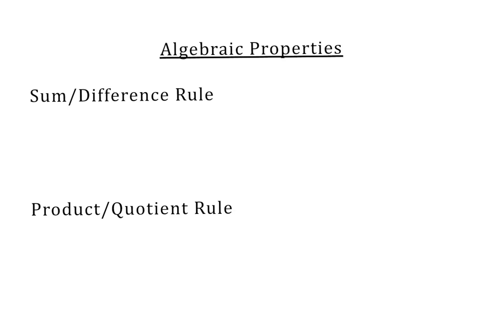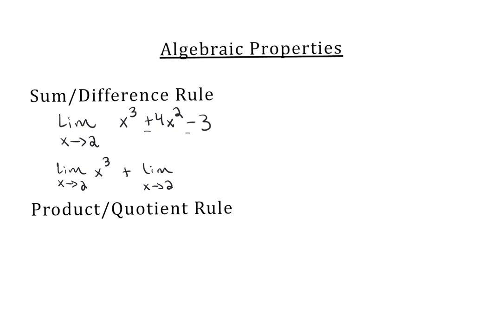In today's lesson, we're going to start looking at some algebraic properties of limits. Starting out, the sum and difference rule is just saying if you have a limit involving addition or subtraction, we can break this up and look at it as the limit as x approaches 2 of the first term plus the limit as x approaches 2 of the second term minus the limit as x approaches 2 of the last term.